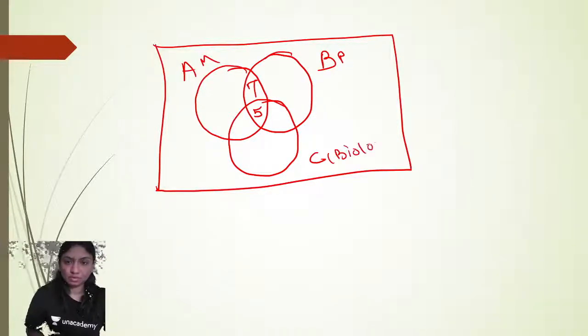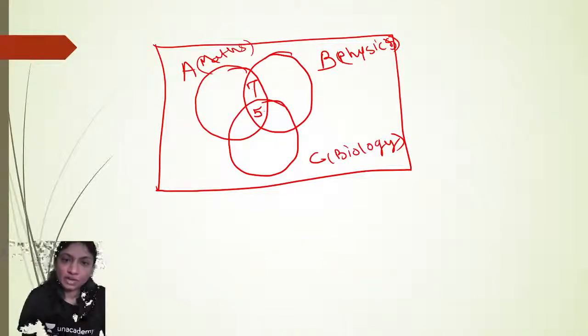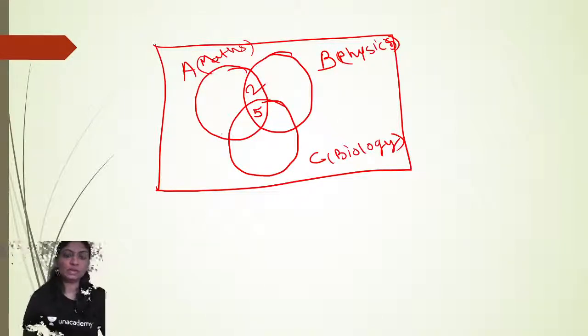We'll write down here biology, physics. The same example we can solve with the help of Venn diagram also, and here is maths. Now A intersection B, maths and physics. So 5 are already counted, so here you will get 2, right? So total number of students who study maths and physics is 7.